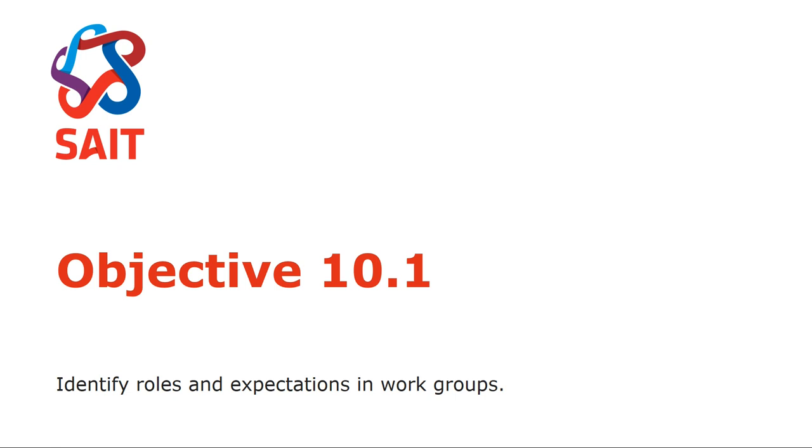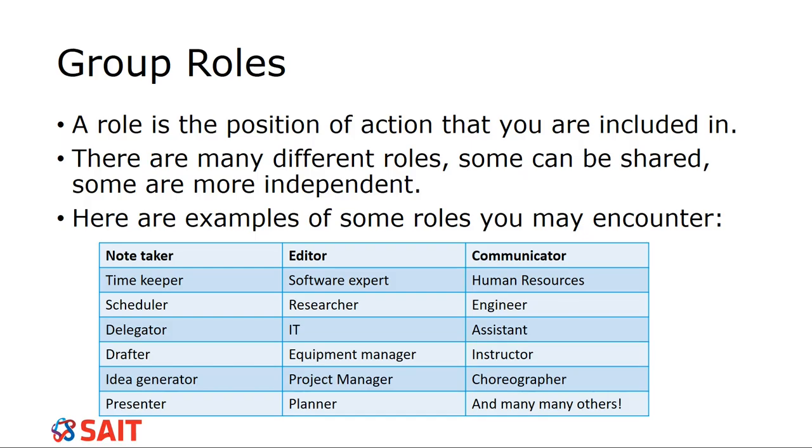All right, so the first thing that we're going to cover is identifying roles and expectations in work groups. The first thing is figuring out roles. This is what are you doing? A role is usually associated with the tasks that you are going to be completing. And so a lot of this is like there are some real technical words, right? There are note takers, editors, communicators, engineers, instructors, equipment managers, schedulers, timekeepers, planners, project managers, choreographers, and on and on and on, right?